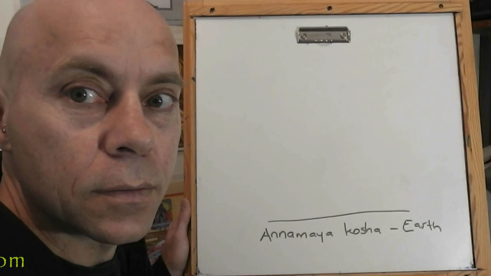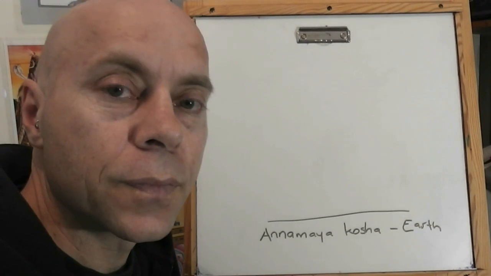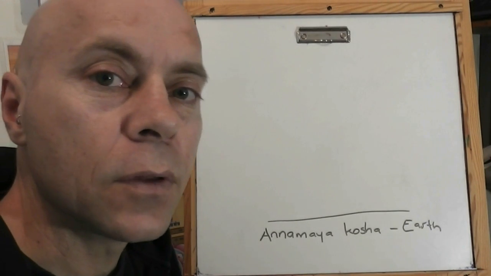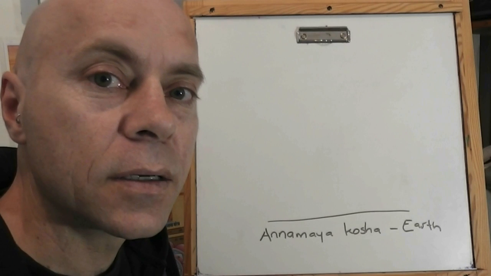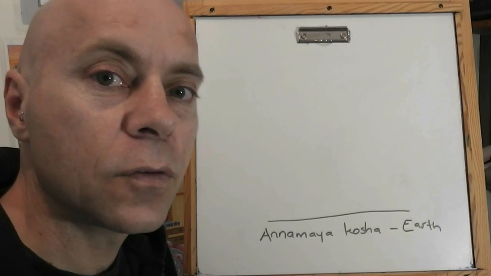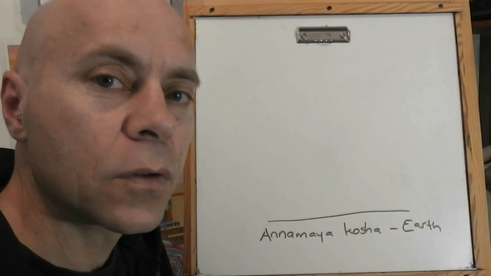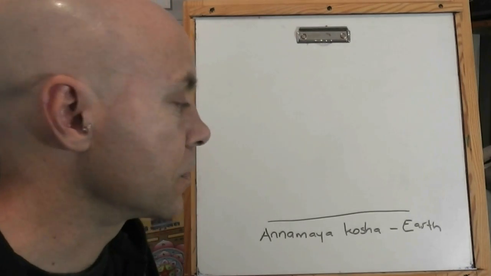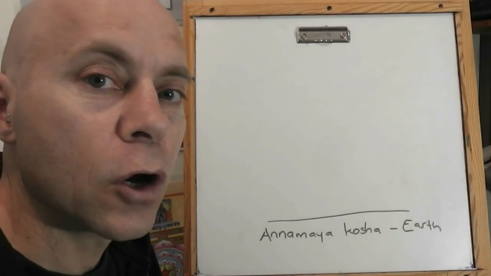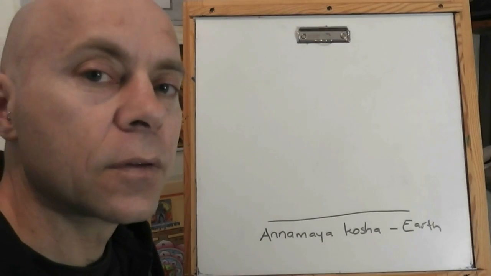The earth, solid. If you look into yoga, there's the word anna, which is presented as food. So it's a really solid thing. Doesn't move much, it's like the ice. Solid water.